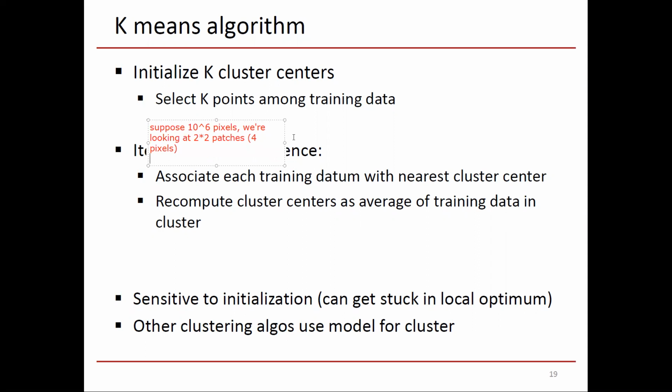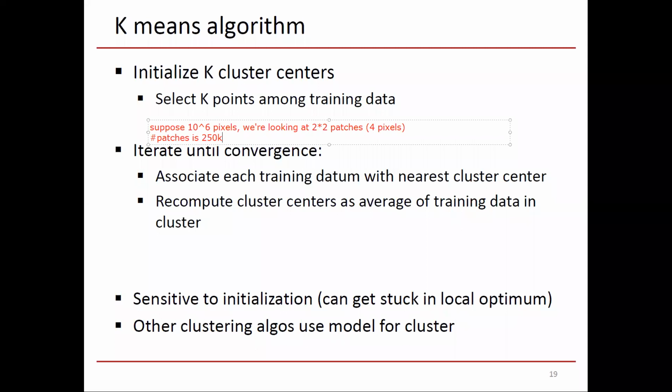Now, if we have 4 pixels per patch, that means number of patches is 250,000. And for each patch, we'll map it to the nearest one in our dictionary. And the clustering means determining an appropriate dictionary.